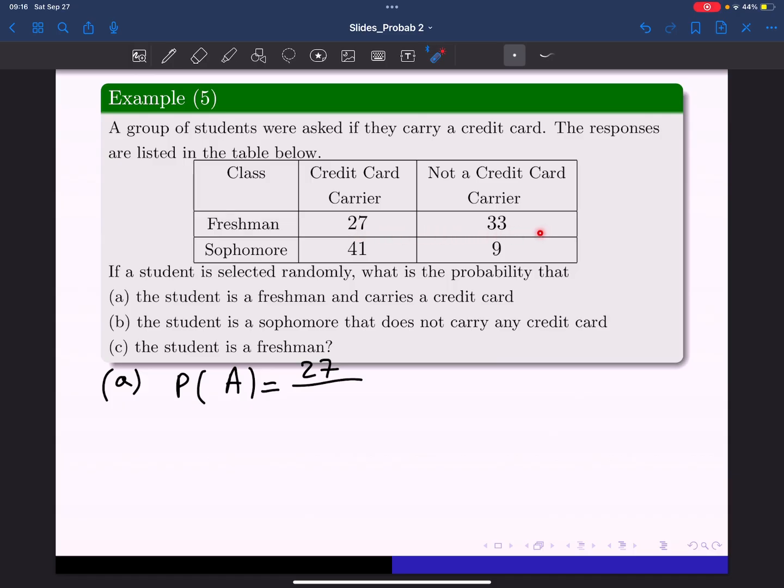So we first need to add them together. 27 plus 33 is 60 freshmen. And then 41 plus 9 is 50. So in total we have 110 students. So this is going to be 27 divided by 110.